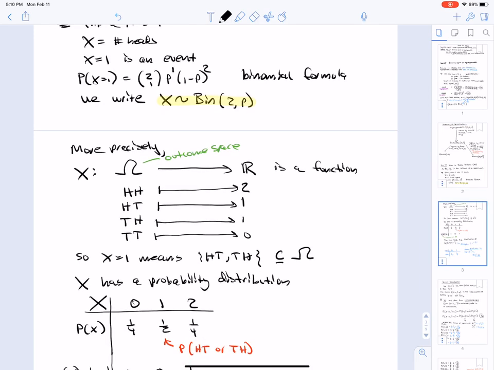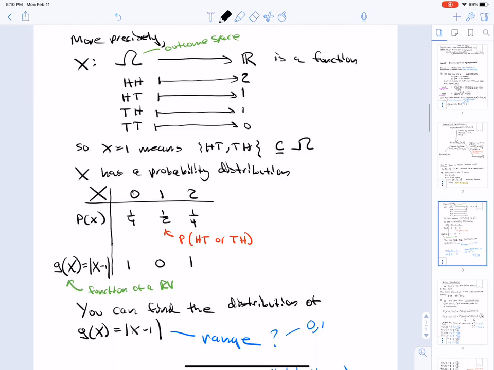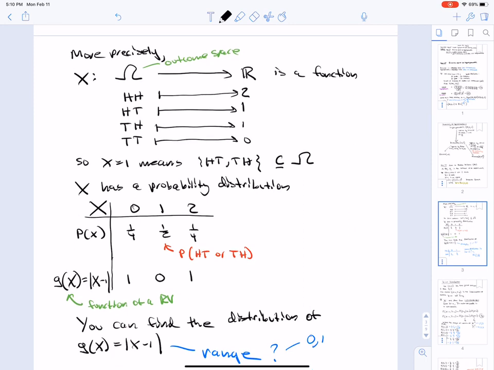But to be more precise, a random variable is a function from your outcome space to the real numbers, and X is counting the number of heads, so that defines this function. So X equals 1 actually means the preimage of 1 under X. So what maps to 1?